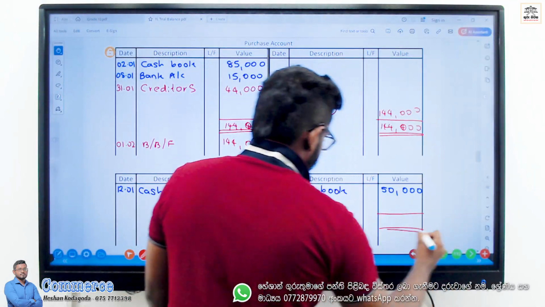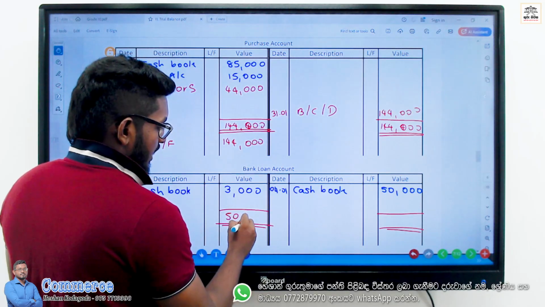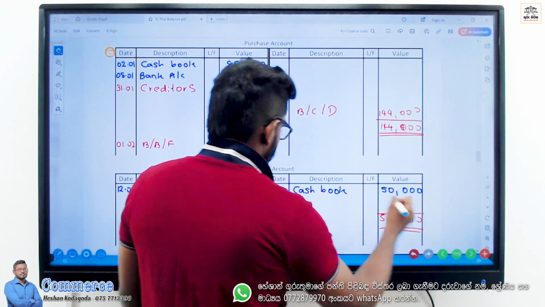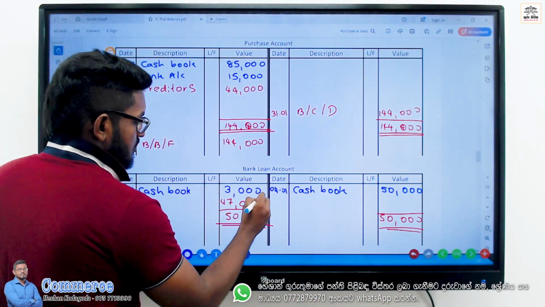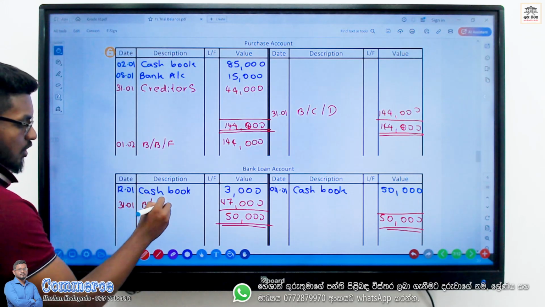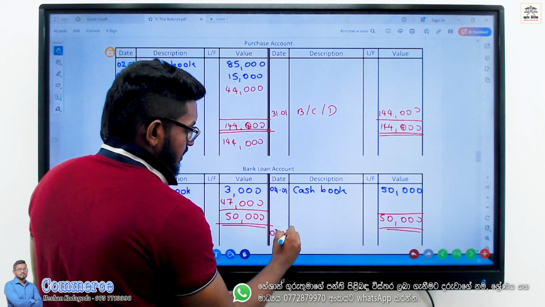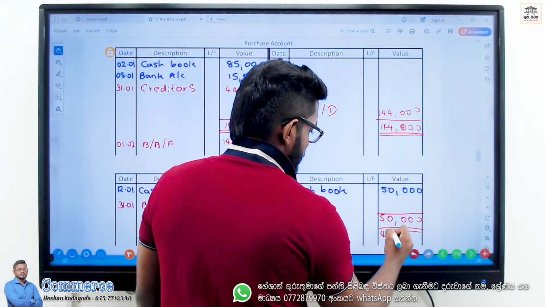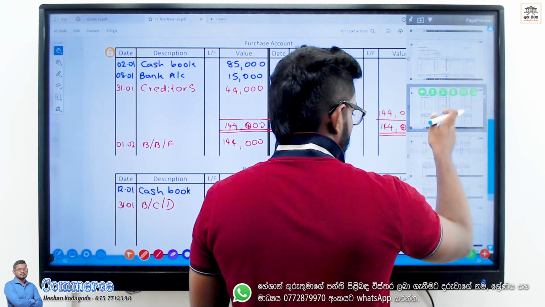Higher value side, credit side, it's 50,000. Right in both sides, 50,000. Deduct 50,000, 3,000, it's 47,000, right? 31st of January, balance carried down, BCD. 1st of February, BBF 47,000, right? Bank loan account 47,000.